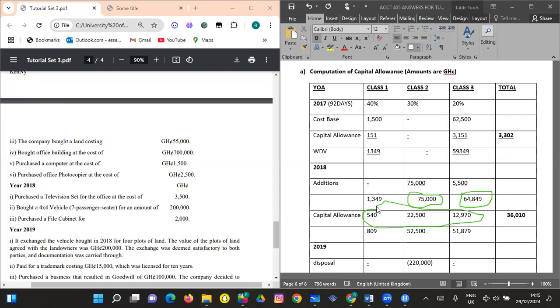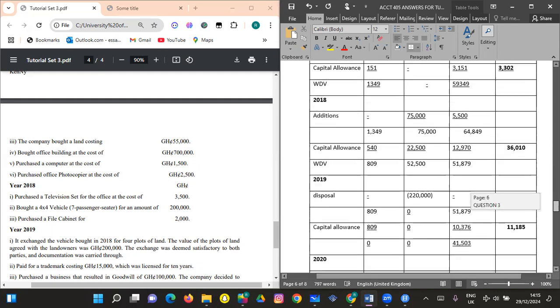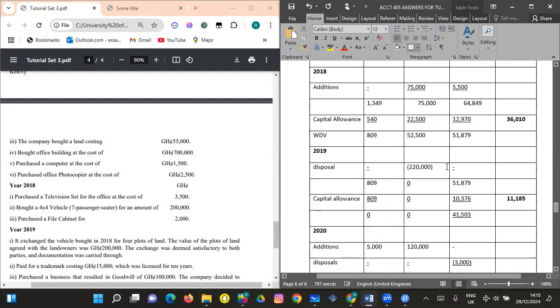We are only looking for capital allowances, but if you don't subtract and get your written down values, you wouldn't be able to compute for the next year, right? All right, so now this is our written down value after subtracting the allowance.